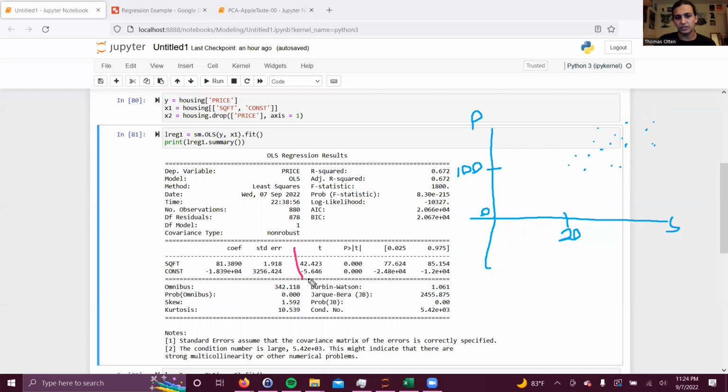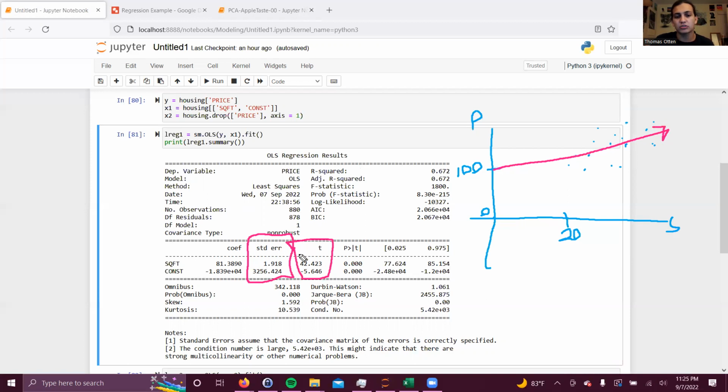Okay. So that's our coefficients and our p-values. Your t-value is linked to your p-value. It is kind of a measure of the standard error, which we're about to get to. So the standard error is, you're guessing a specific slope. In this case, it's 81, right?